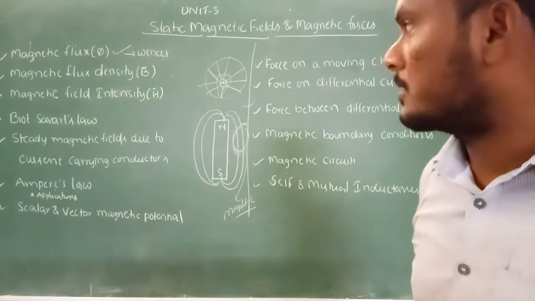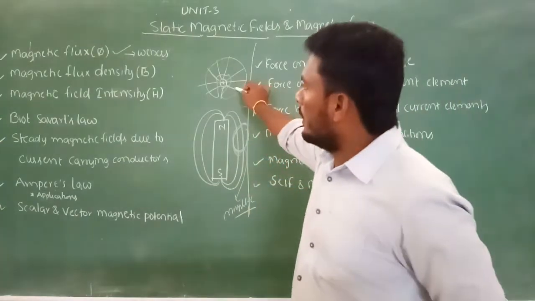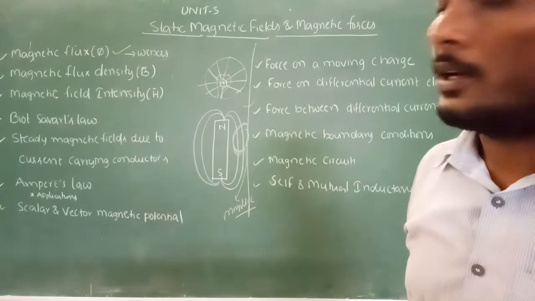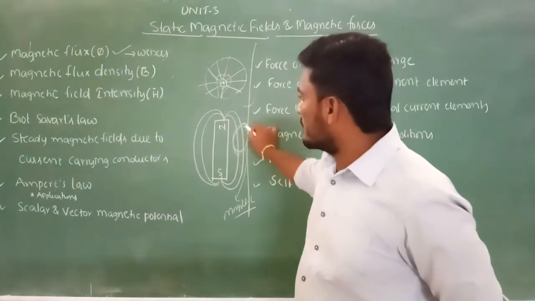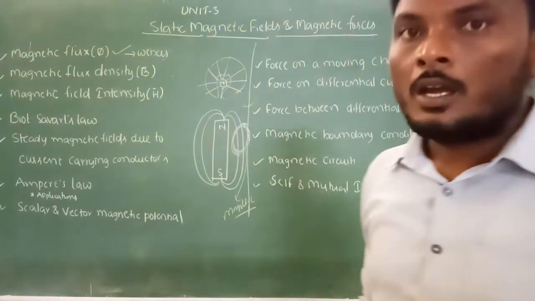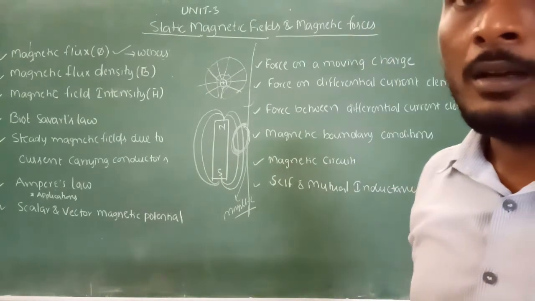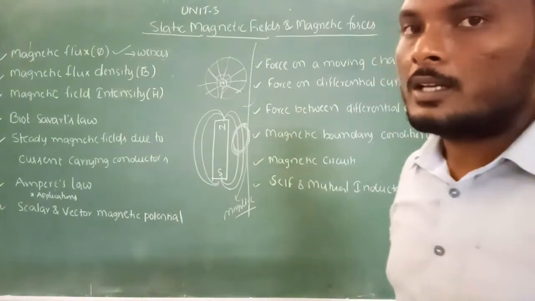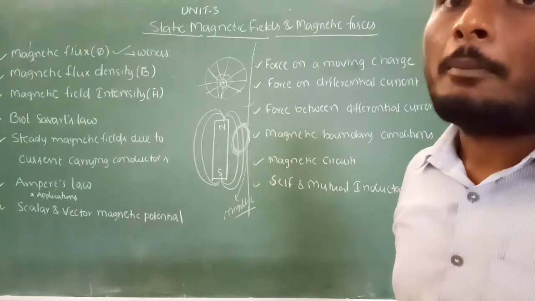What is the charge? Electric charge. As this field is produced by the electric charge, such a field is called an electric field, and the field produced due to the permanent magnet or magnetism is called your magnetic field.